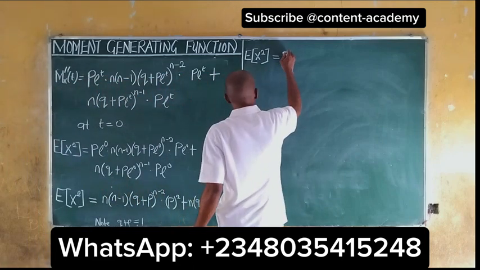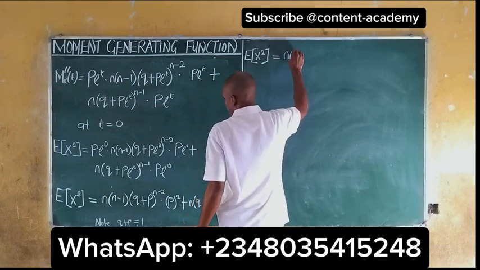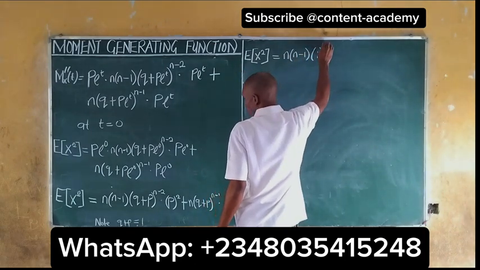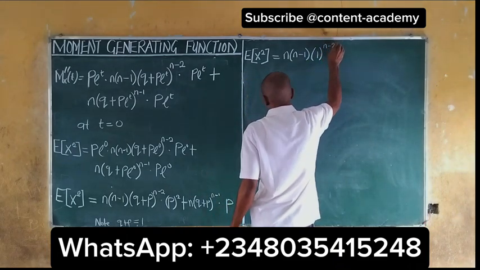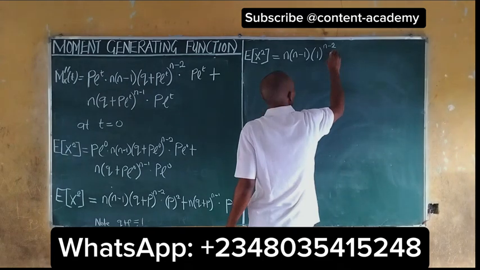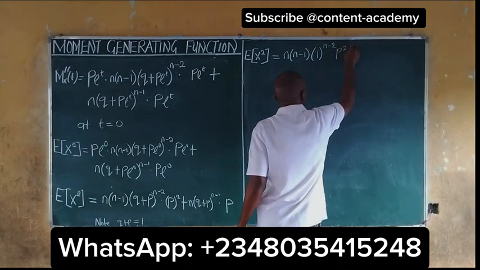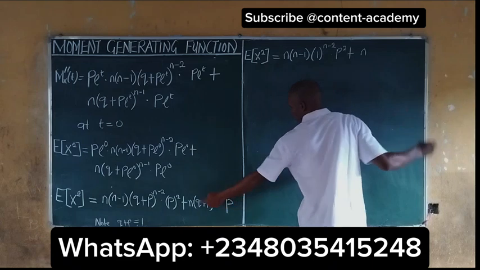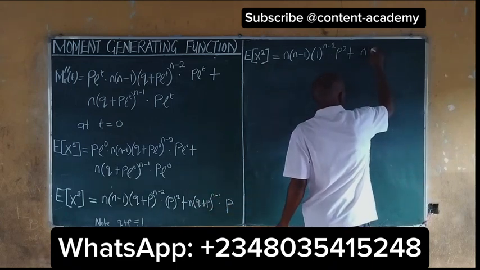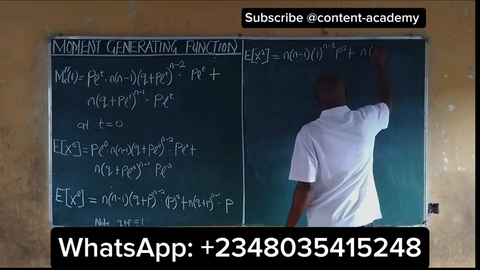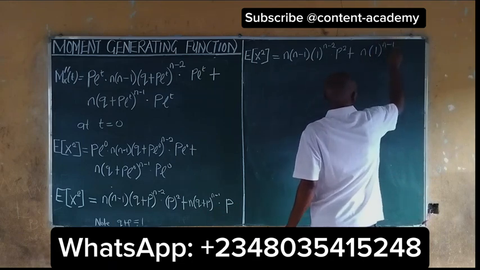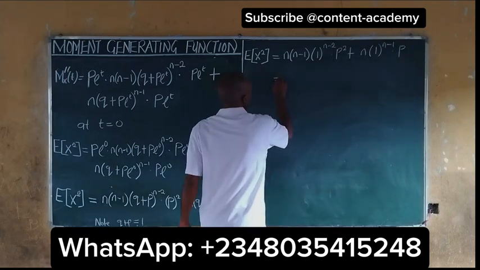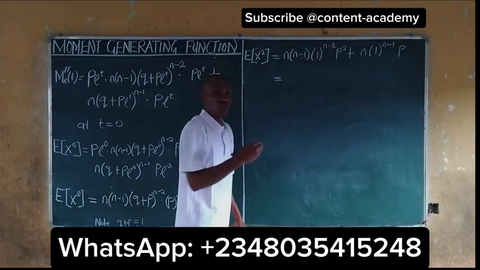It then means that we'll have n multiplied by n minus 1 into 1 raised to the power of n minus 2 multiplied by p squared plus n multiplied by p, n into 1 raised to the power of n minus 1 multiplied by p, which is also equal to, of course, 1 raised to the power of anything is 1.